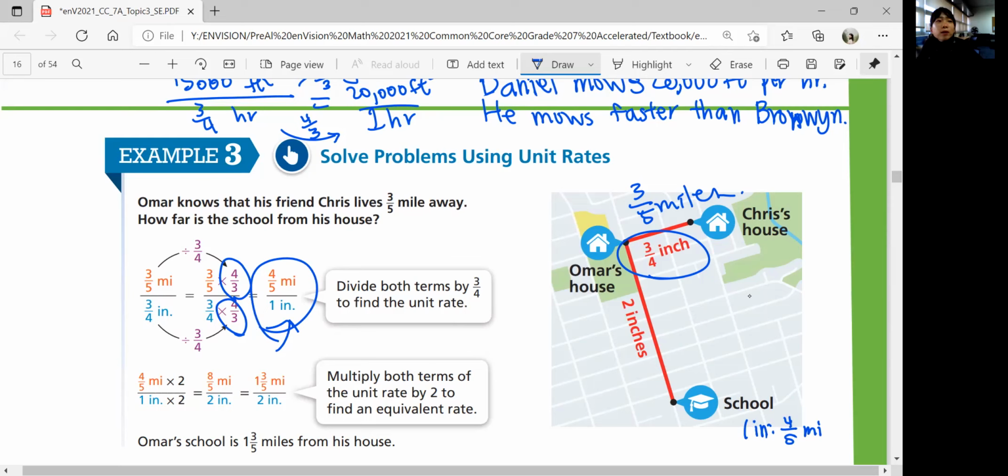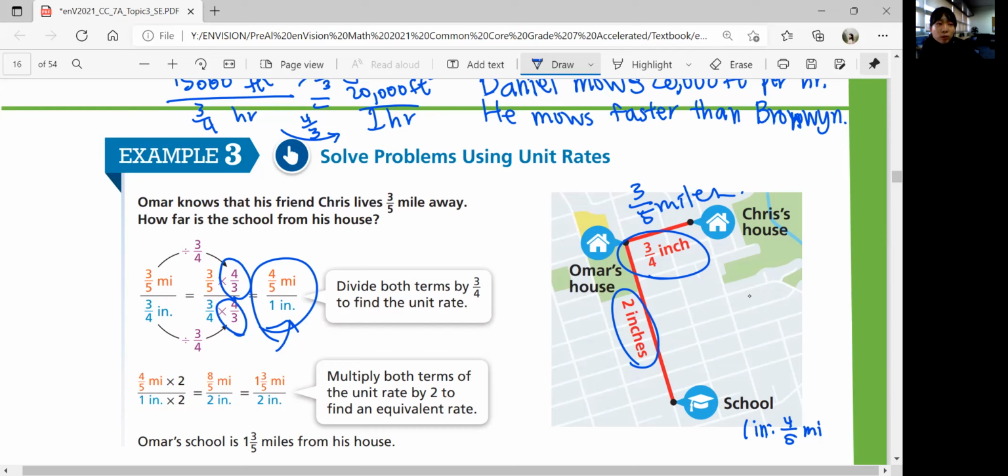You're going to multiply both terms of the unit rate by 2 because your map says from house to the school, it's 2 inches away. So if 1 inch is 4/5 miles in real life, if you multiply that by 2, you would get the actual mile distance from Omar's house to the school.